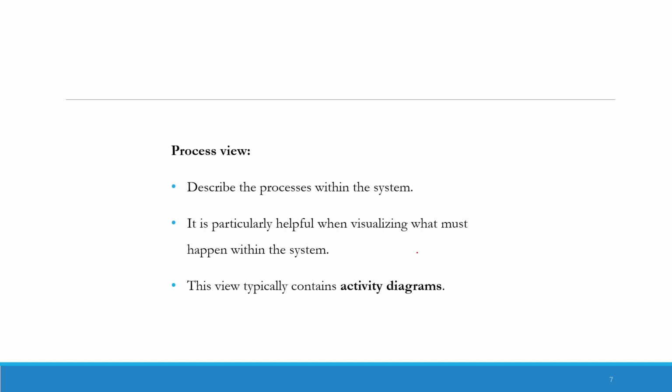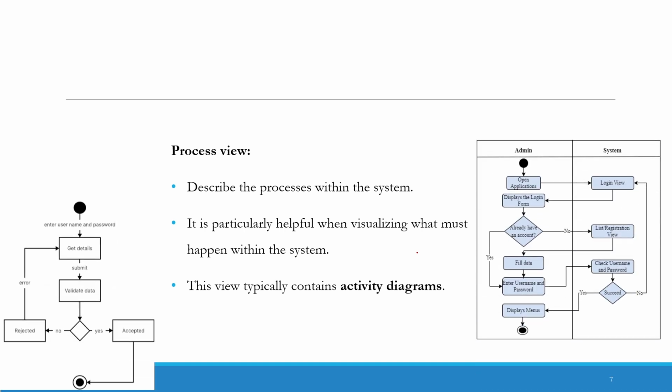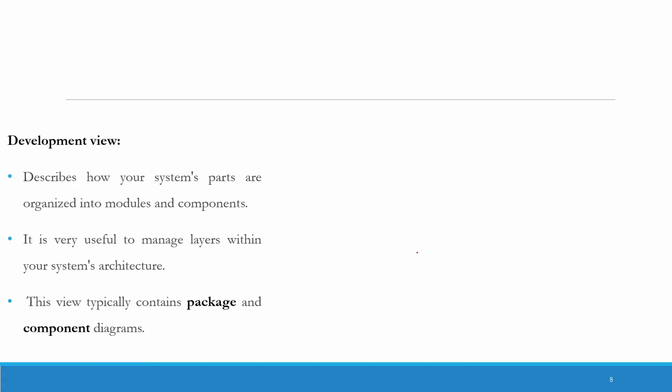So the process view will describe the processes within the system, i.e. the system has different activities to be accomplished. These activities will have flows of processes or sets of computational steps. So it's better to understand those computational steps in a certain system. This can be depicted or represented by the activity diagram.